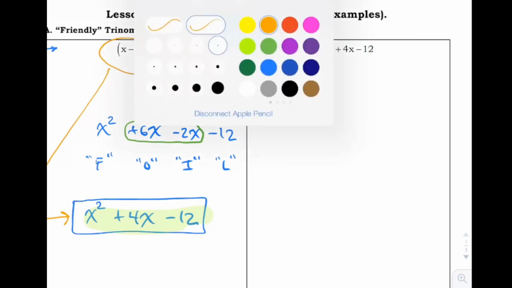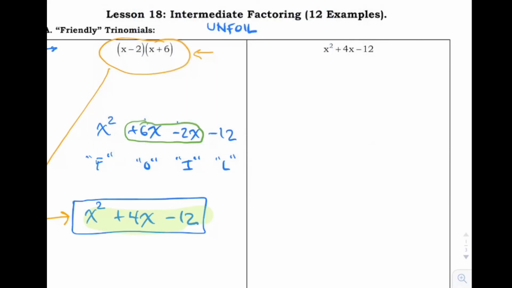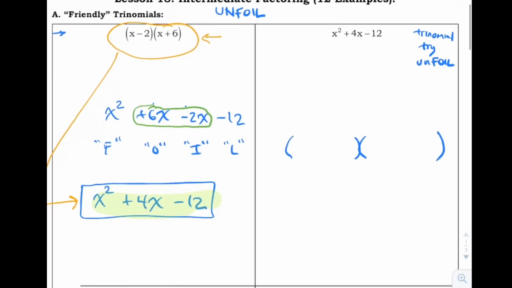The first thing you would do is you would just say, look, I recognize 3 terms. It is a trinomial. I'm going to try to unfoil. I'm not guaranteeing it always works, but I'm going to try to unfoil. So I'm going to put some parentheses down here. Just open it up. And then what you've got to do, well, let's look back at this thing.